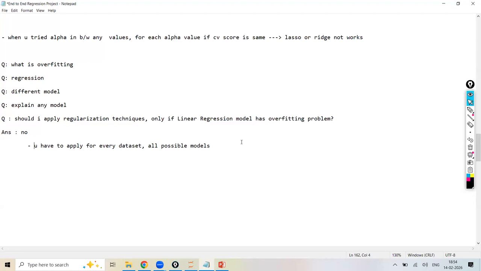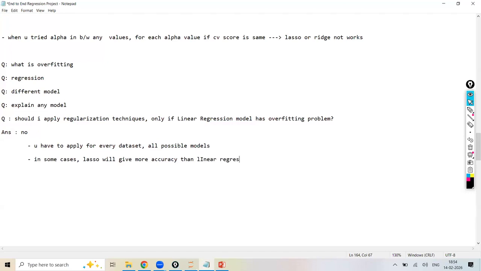In some cases, lasso will give more accuracy than linear regression.